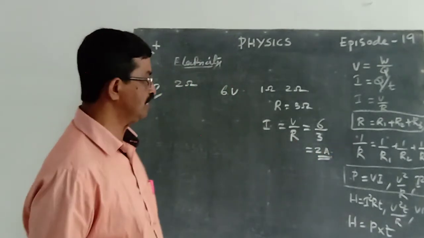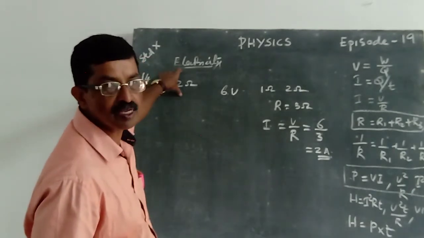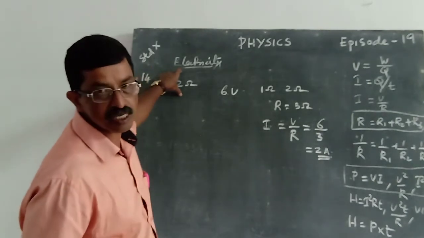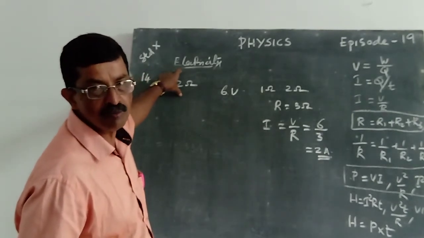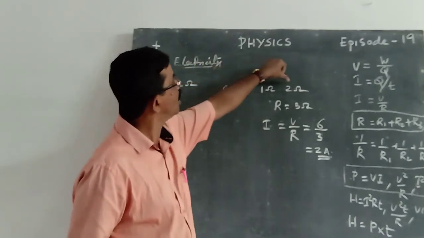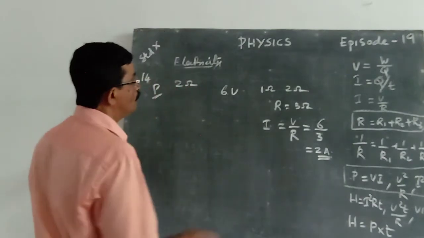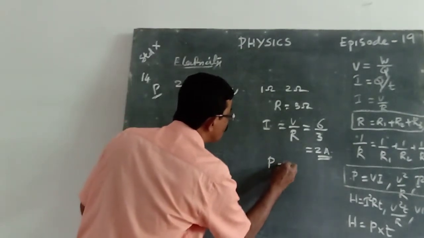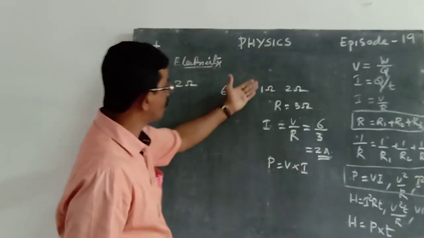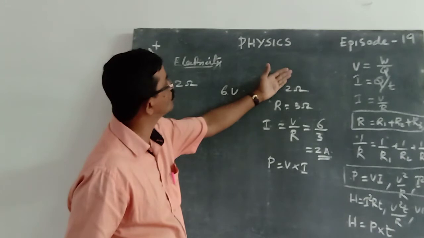Now we want to find the power across the 2 ohm. The current through the 1 ohm and 2 ohm will be the same. So power P we can calculate by using VI, but the potential across 1 ohm is not the same as the potential across 2 ohm.